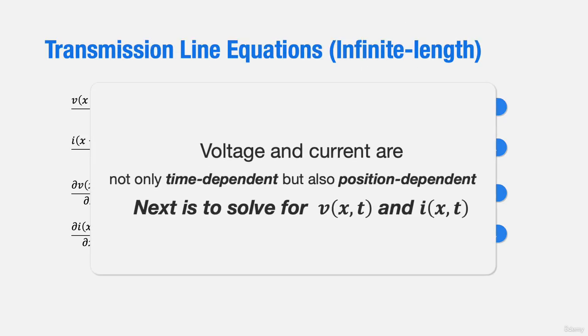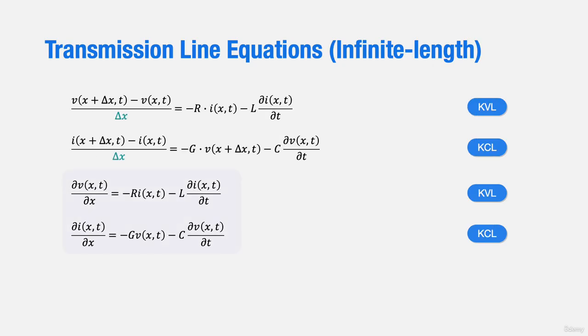The waves on the line are not only time-dependent, but also position-dependent. The next challenge is to solve for the voltage and current waves from these two partial differential equations. It might seem difficult to solve, but it's actually quite simple. So let's continue.